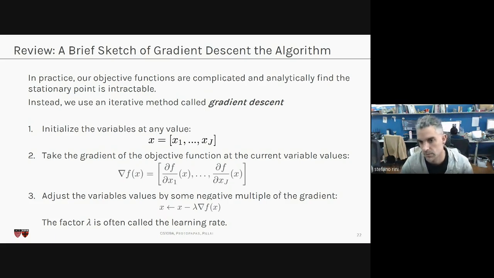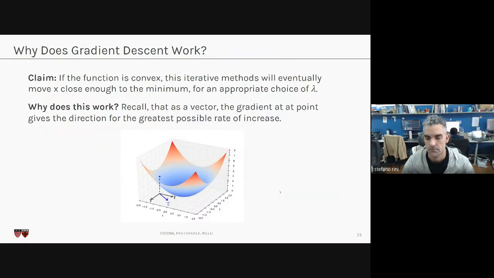Then we take a derivative with respect to each of the variables, which are our optimization variables, and then we update the current estimate as the current estimate minus lambda, our learning parameter, multiplied by the descending direction of the gradient, so minus nabla. And the idea is that if the function is convex, then this iterative method will get close enough to the minimum. And in particular, if you have an infinite amount of computation, then you can get infinitely close to the minimum of the function.